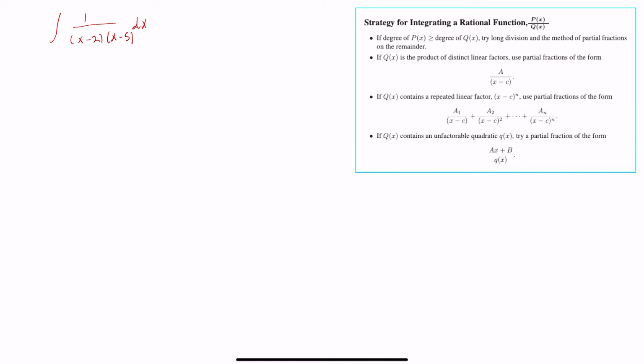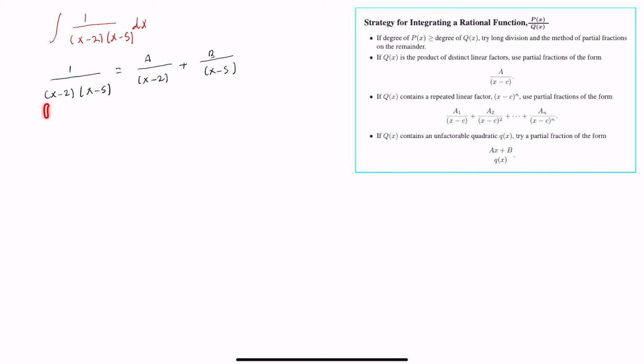Let's do that. Let's take the integrand first, which is 1 over (x minus 2)(x minus 5). That's going to be equal to A over x minus 2, plus B over x minus 5.